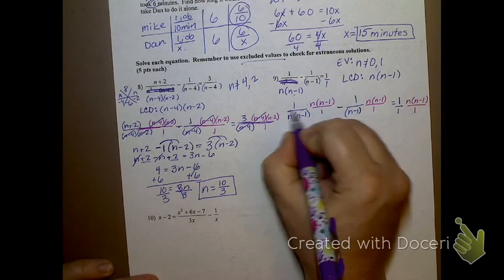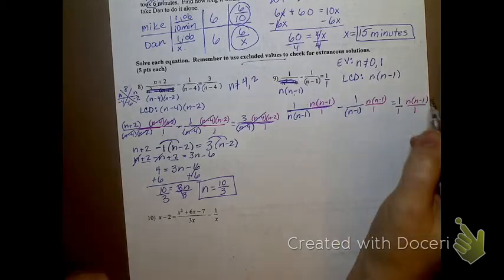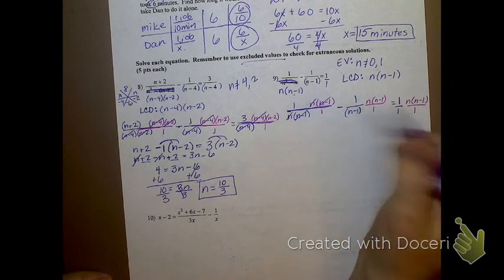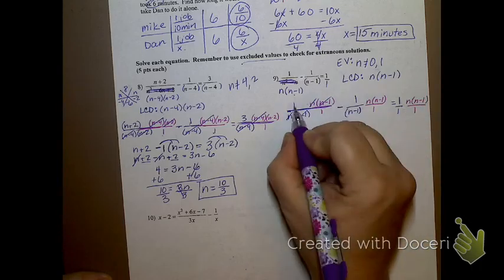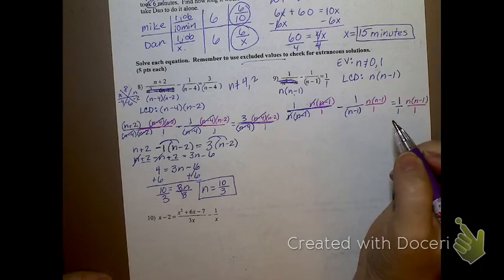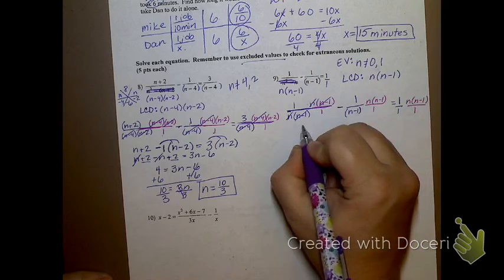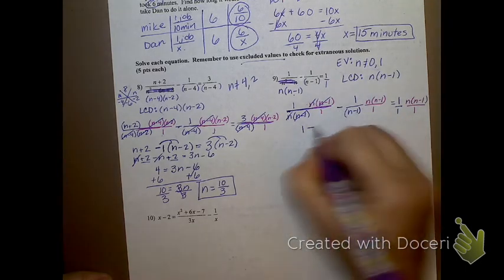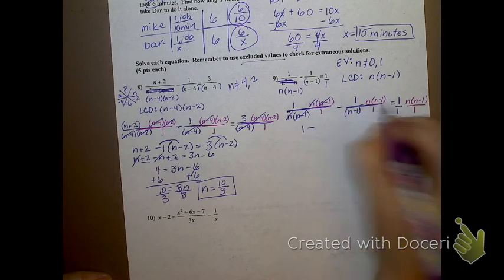So, making that into one giant fraction, what can cancel? N and n minus 1. So I'm left with 1 over 1. Does that mean I'm left with 0? I'm left with what? Minus. What have I got here? What cancels?